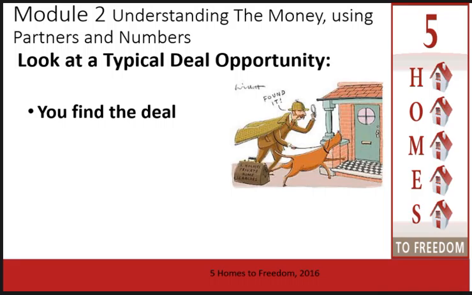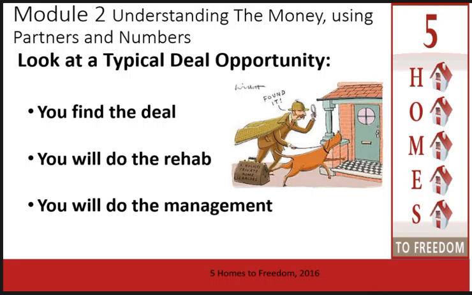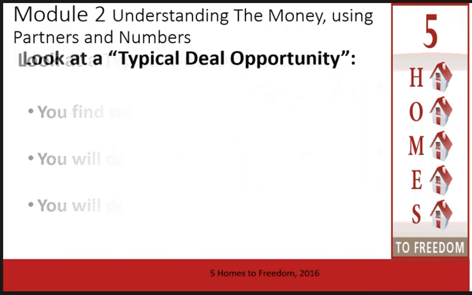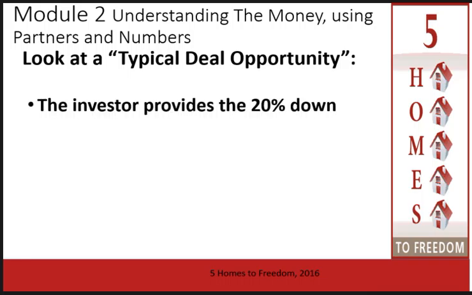So here you go out and you found yourself a deal, and you're willing to rehab that property or fix it up or convert it, whatever the case may be. And once it's all fixed up, you're going to do the management. You'll find the tenants, collect the rents, take care of the late night calls, the plugged toilets, etc. Now, you don't have the cash to put into this deal, so you're going to get an investor to provide the 20% down for you.